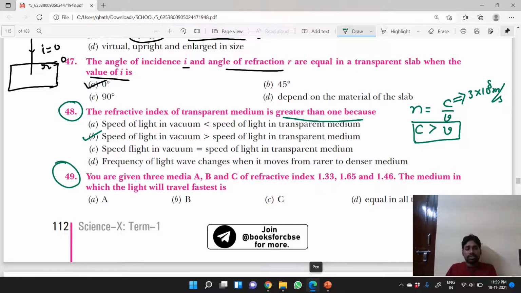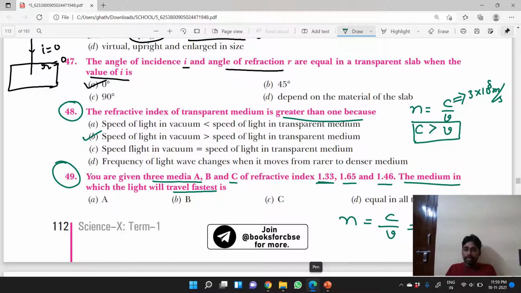49th question. You are given three media A, B, C. Refractive indices are 1.3, 1.65, 1.46. The medium in which light travels faster. Listen, my dear students, you have n is equal to c by v.